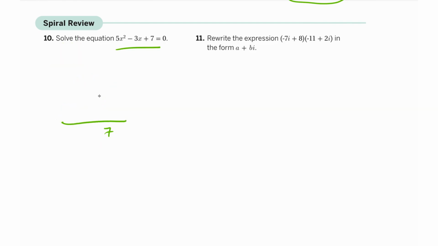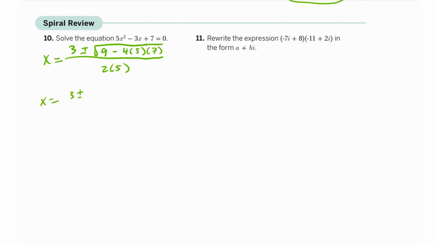And when I try factoring and it doesn't work, my fallback is a couple different things. I could do completing the square, or I could do my quadratic formula. I'm going to go ahead and throw it into the quadratic formula for practice. x equals negative b plus or minus the square root of b squared minus 4 times a times c, all over 2 times a.